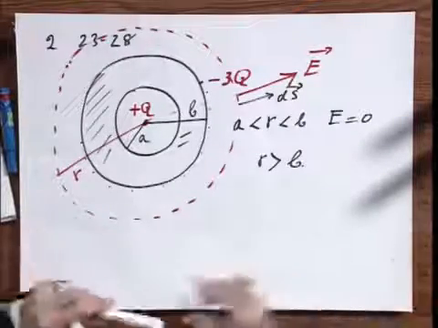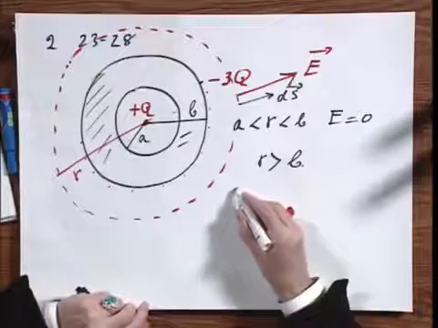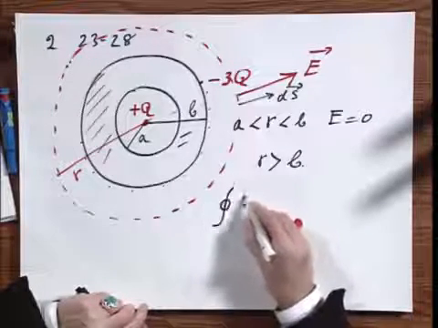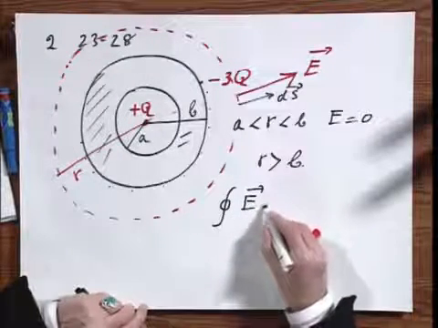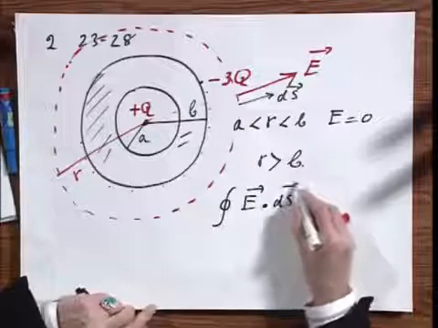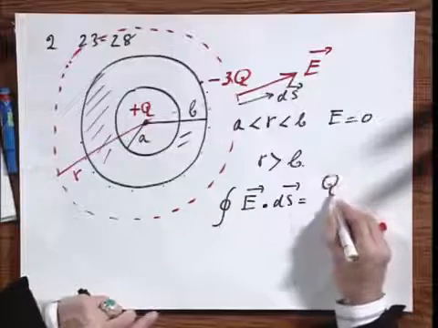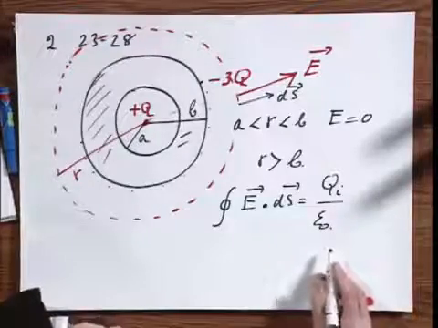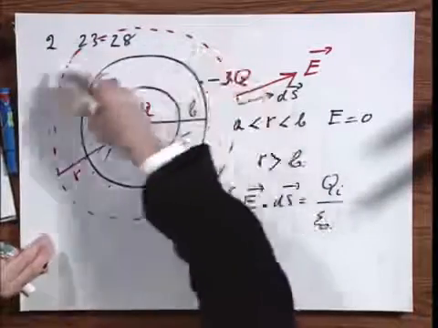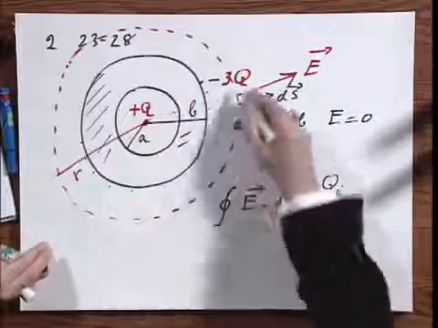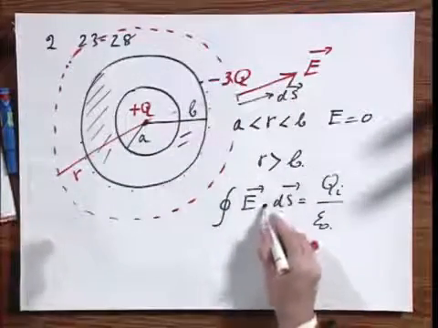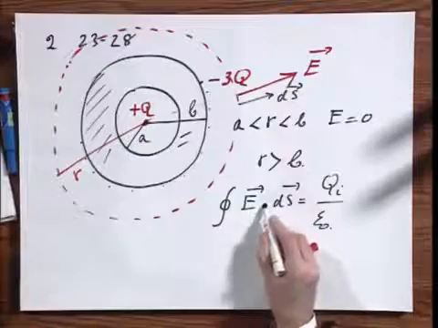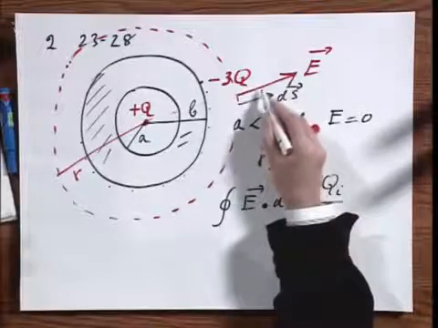So what is Gauss's law telling us now? The closed surface integral of E dot ds is the total charge inside the sphere divided by epsilon 0. Well, E is everywhere the same in terms of magnitude on this sphere, and so the dot product we will take plus 1 because we will make the assumption that they are in the same direction.